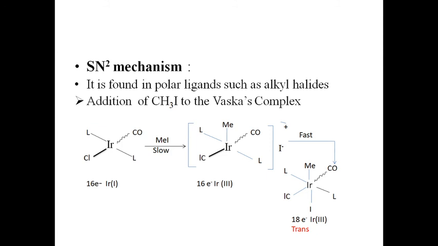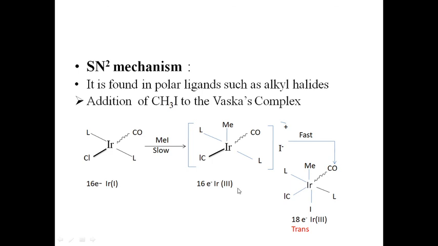See here, the electron count was not increased by methyl because it is a positive ion, that's why the electron count remained constant, but the oxidation state is increased by 2 units.